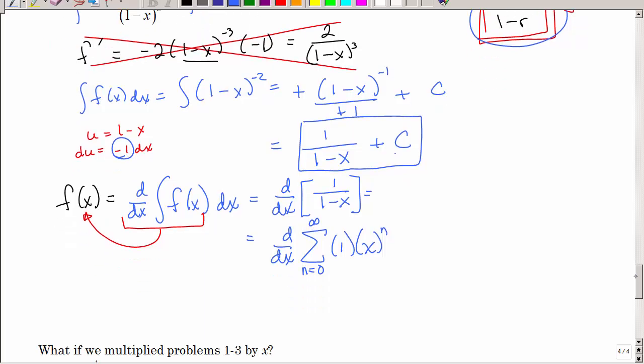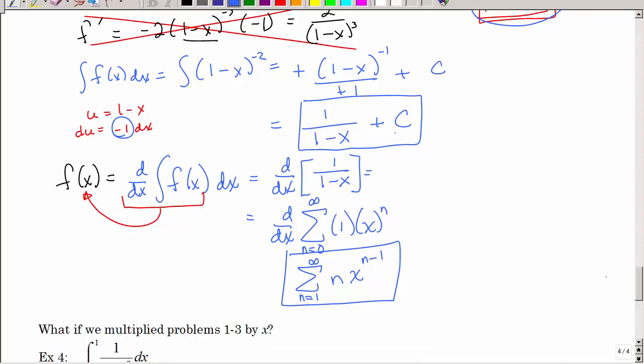Okay, what's that power rule say? I bring the n down in front, keep x, and I subtract 1 from the n. So because of that, I need to now re-index that where n is equal 1 to infinity. Not too bad.